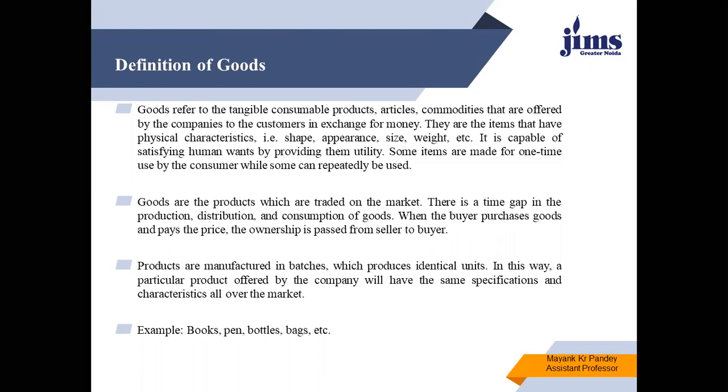Then products are manufactured in batches, which produces identical units or standard units or similar units, we can say. In this way, a particular product offered by a company will have the same specifications and characteristics all over the market because of the identical production process. For example, being students, you must have seen various books.